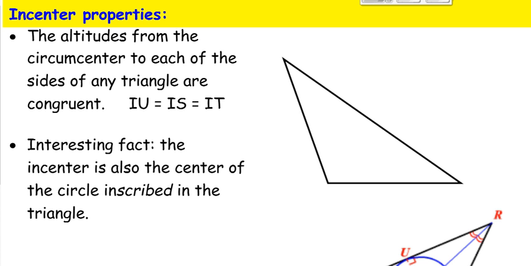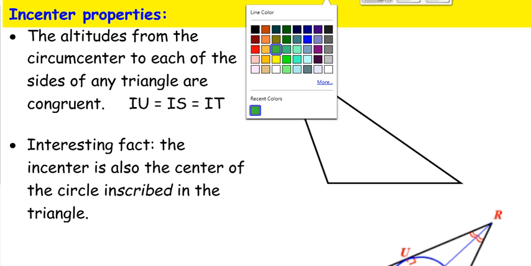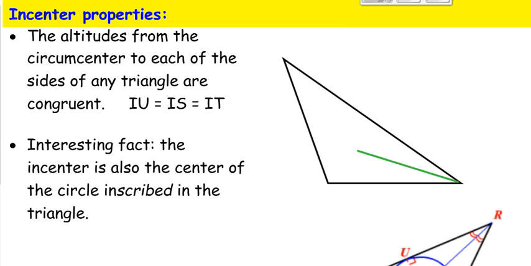So I need three angle bisectors. Let me get a different color here so we can see what's going on. All right, so I need an angle bisector. So that looks like maybe it's cutting that angle about in half. And then I would need one for this guy. That one's going to be the harder one to see. These smaller ones are easier to determine.